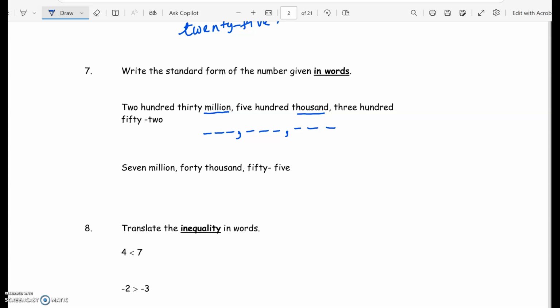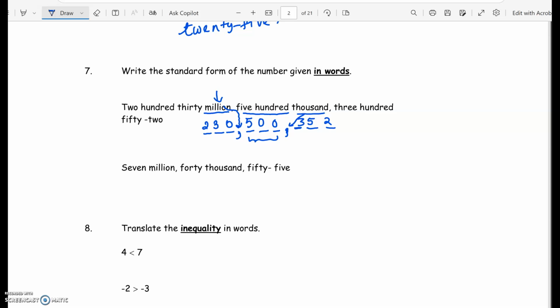So 230 million, so this comma here says million. 500 and then 1,000, this comma is the 1,000, and these 3 digits must read 500, and 352 is the last period.